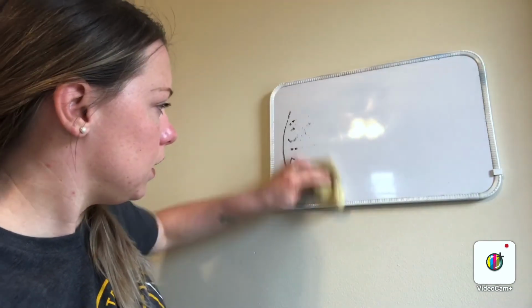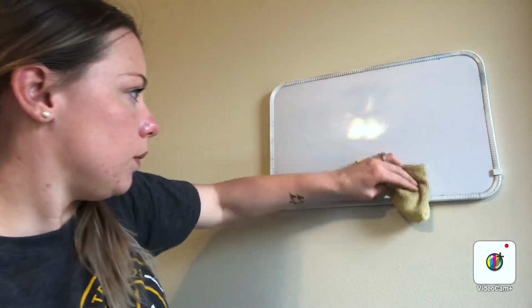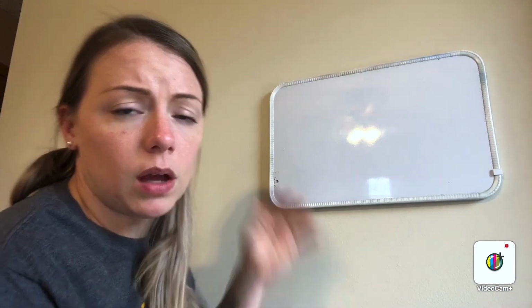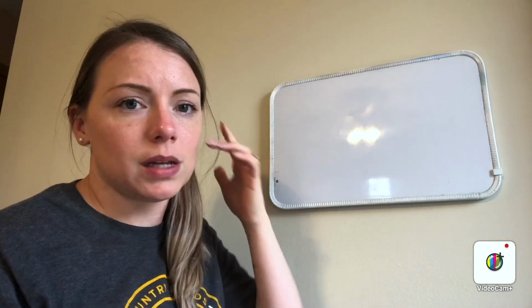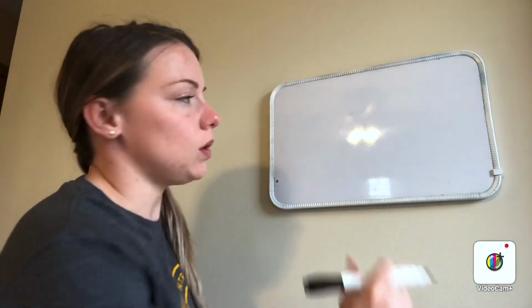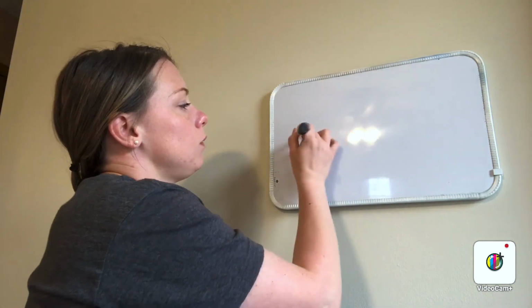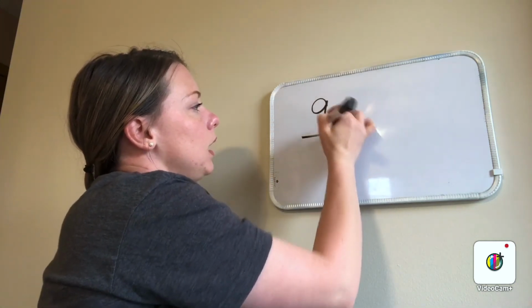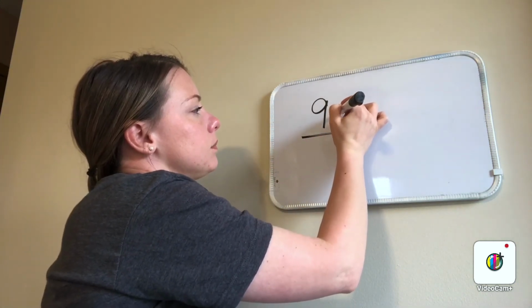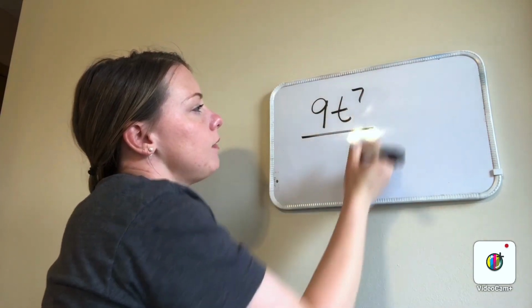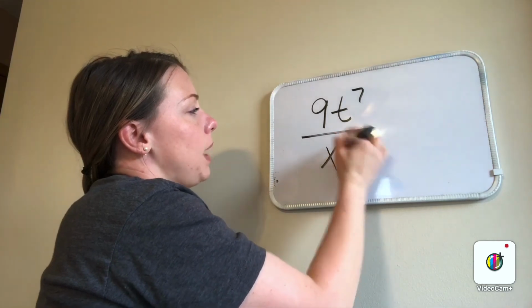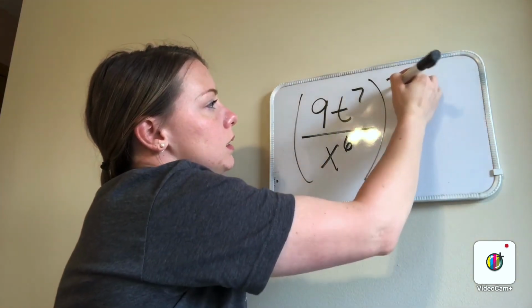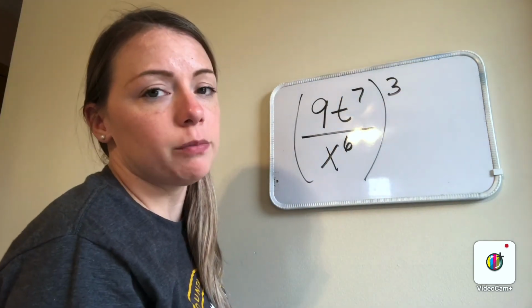The next 2 are the ones that you did yesterday. I have the power of a product and the power of a quotient properties, and I'm going to combine those together because you just did them yesterday. For instance, if you had 9t to the 7th power and x to the 6th power, and you raise that to the 3rd, this is power of powers.